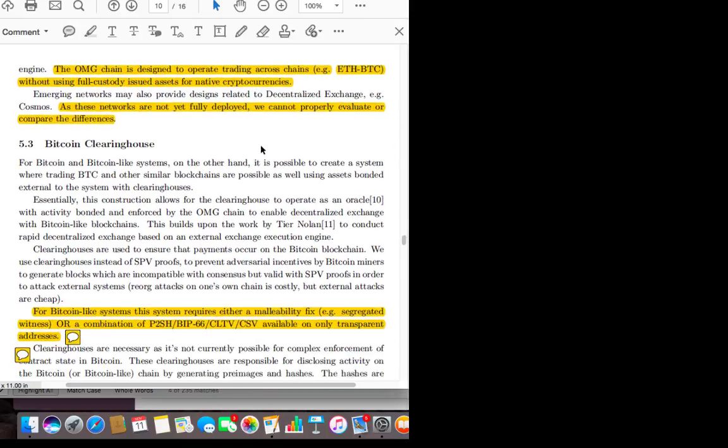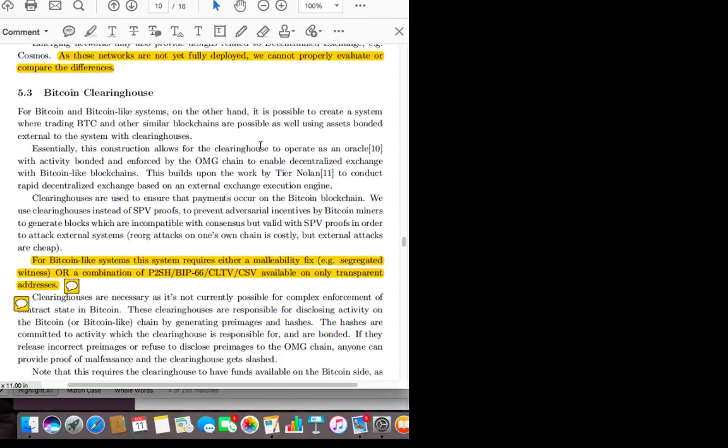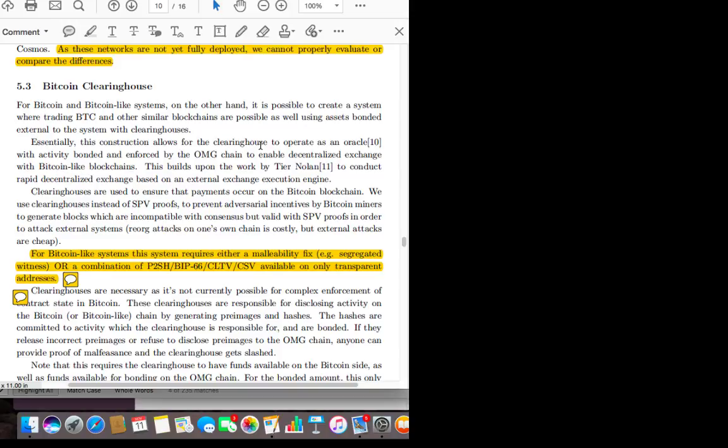So, really interesting there. They talk about the Bitcoin clearinghouse. This is a construction that allows the clearinghouse to operate as an oracle, with activity bounded and enforced by an OmiseGO chain, to enable decentralized exchange with Bitcoin-like blockchains. What these clearinghouses are used for is to ensure that payments occur on the Bitcoin blockchain.